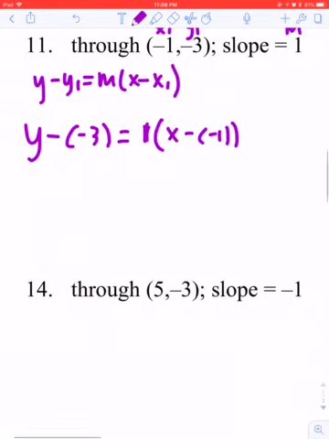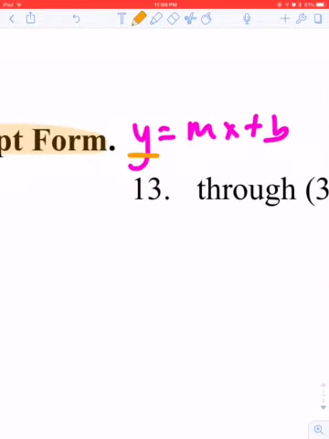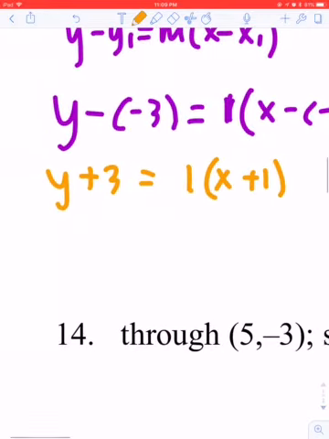So I'm going to simplify these down. y plus 3 is equal to 1 times x plus 1. So now the only difference, like I said before, is slope intercept form. You need this y by itself in the front. So that's what we're going to do with this one.